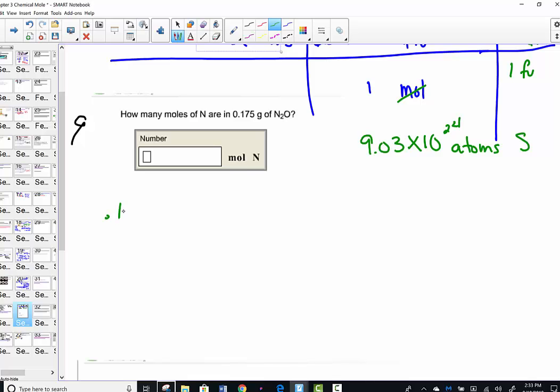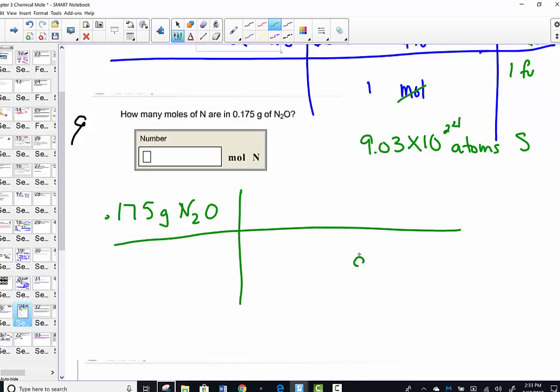So I'll start with my 0.175 grams of the molecule N2O. I want to go into the word mole, so I know to place moles over grams to cancel the gram. Now, visually on your mole map, you're down at the scale and you want to head in. That's the direction we're heading. And when you head in from the scale into the mole, you literally trip over your conversion.